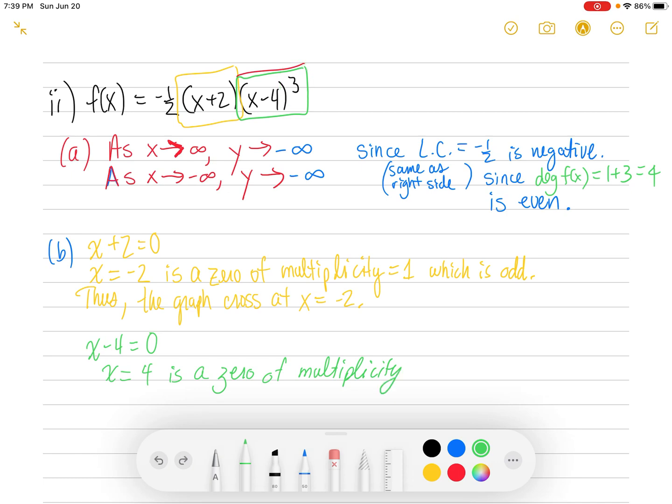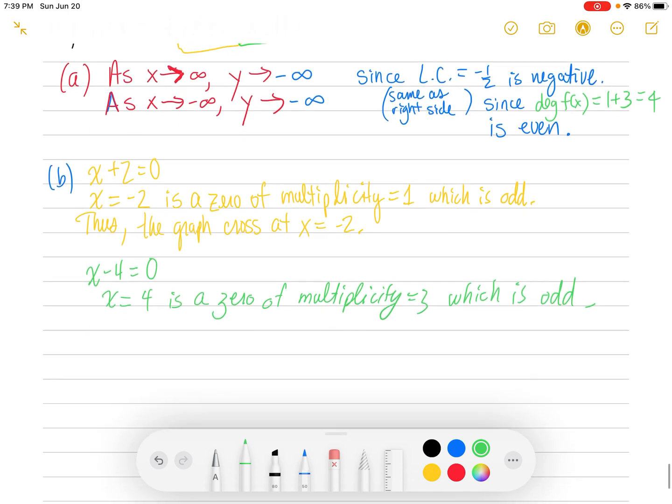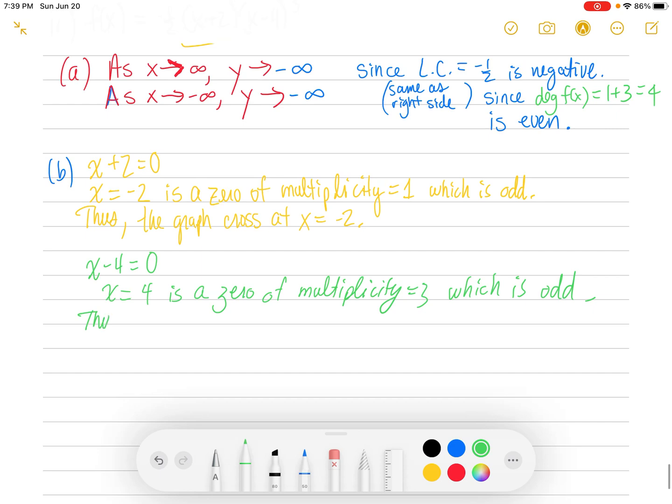It's that power of 3 right there, right? That is also odd. Now that causes the graph to cross, right? Odd multiplicities indicate crossing at those zeros. Thus the graph crosses at x equals 4.